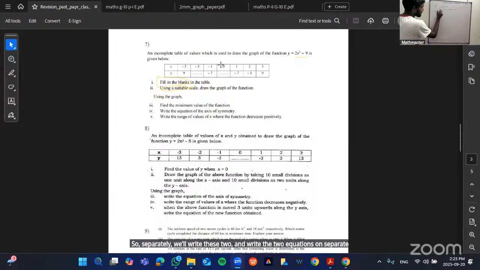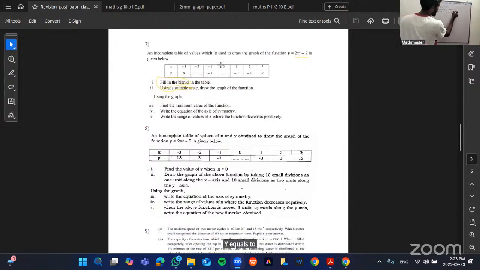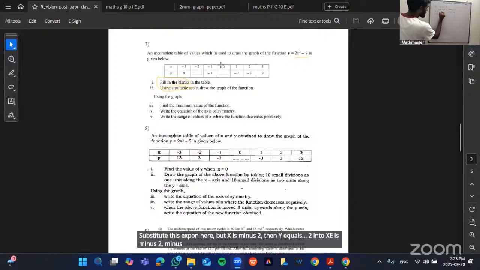Y equals 2x squared minus 9 here also. Then substitute the x value. Here x is minus 2. Then y equals 2 into minus 2 squared minus 9.